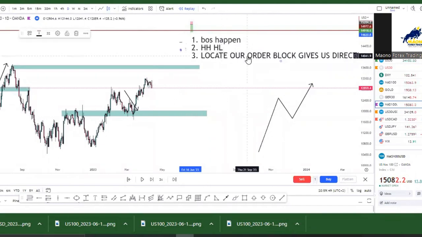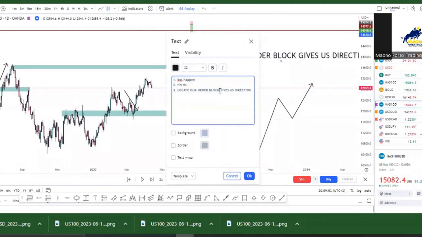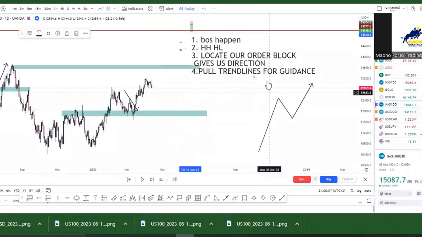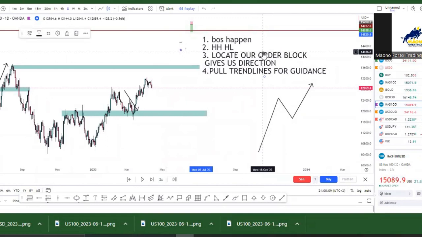Okay. Let me do it this way. Okay. So now we've got a direction. Now we want to pull trend lines, guidance. Remember, we don't need the trend line to enter.